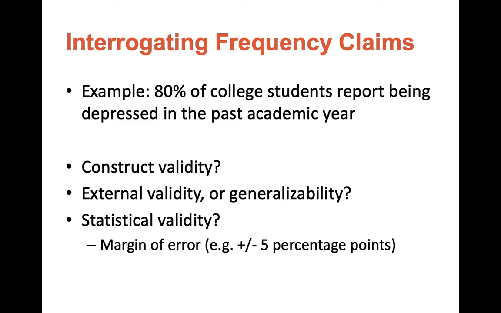And finally, the statistical validity is the extent to which the data would support the claim. So one thing that we look at in judging the statistical validity of a frequency claim is something called margin of error. And so you'll often see this reported like in political polls where a margin of error like plus or minus 5 percentage points is given.